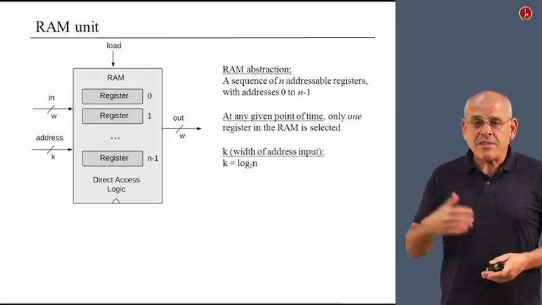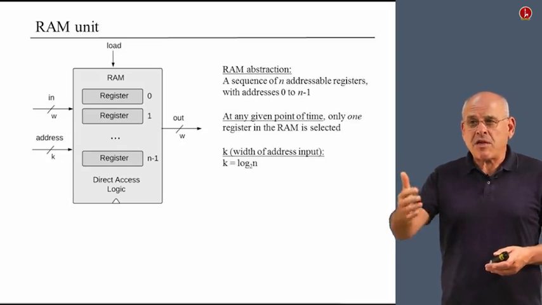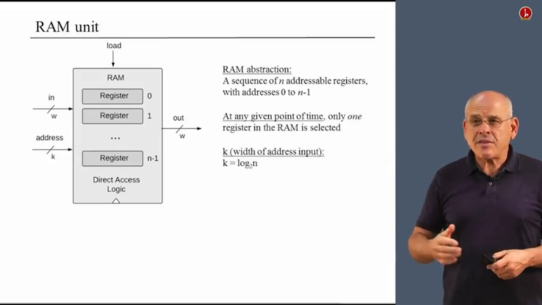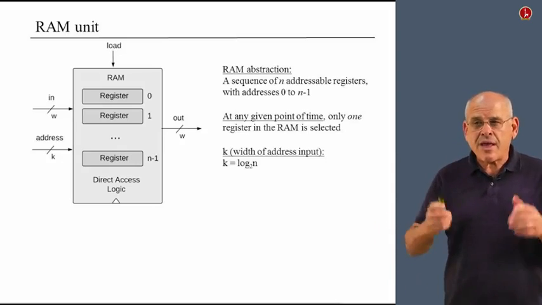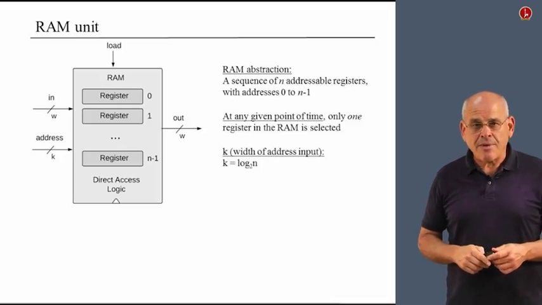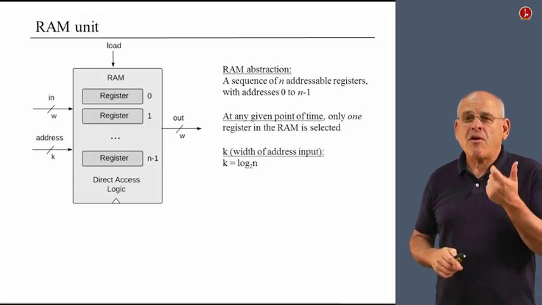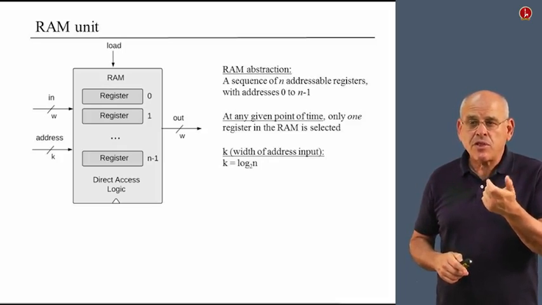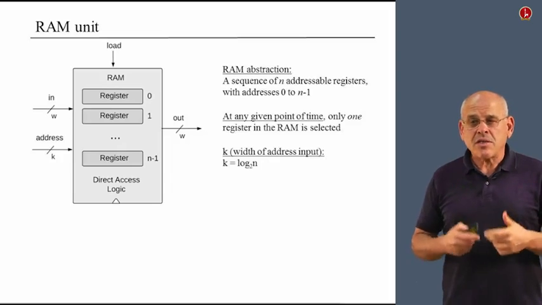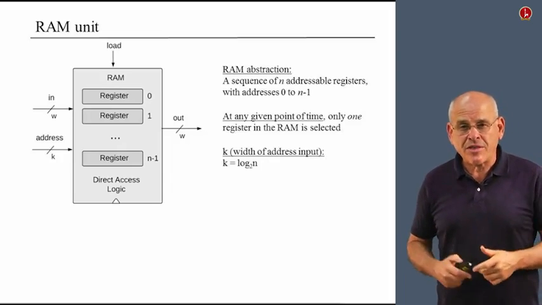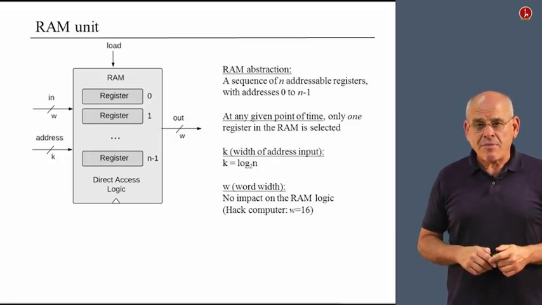So register number 0 will be represented with the code 000. Register number 7 will be represented with the code 111. And then we have all the possibilities in the middle. So the length of the address input, which we call k in this diagram, equals log of n, the number of registers in this particular RAM device.